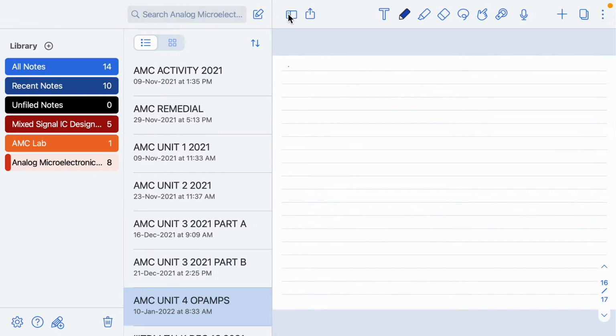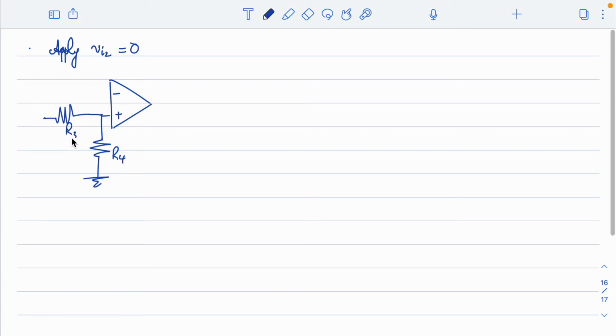So similarly, I'll just do the checking of the other one. So if I am doing Vi2 equal to 0, then the circuit will remain as this, minus plus. You have this resistance here which is R4, another resistance here which is R3, but now that is grounded, so there is no effect.